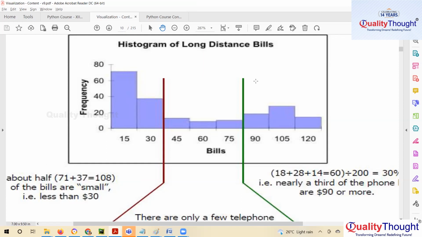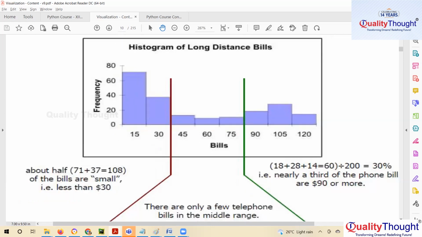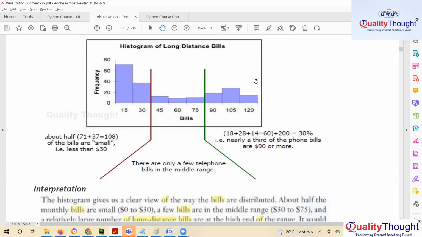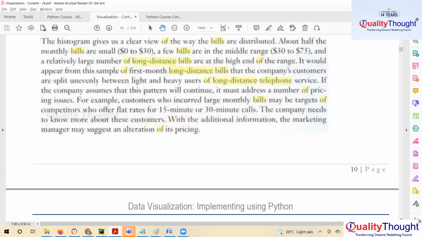No other graph probably will be suitable, right? So our objective is to draw this graph, and the next objective that you have to learn yourself is to make sense from the graph. So this is what it is saying.